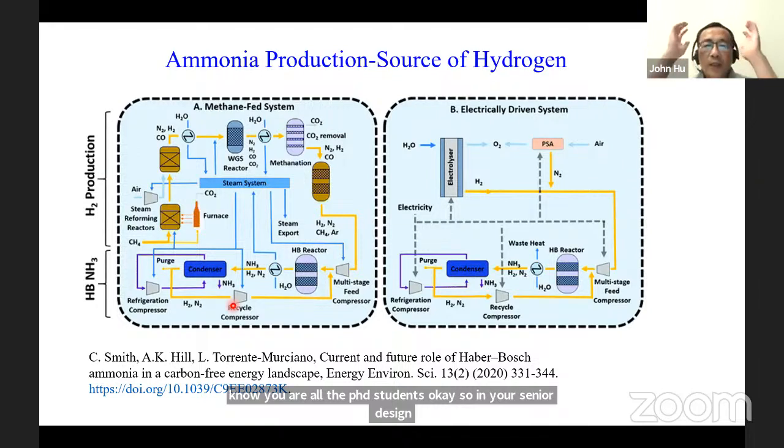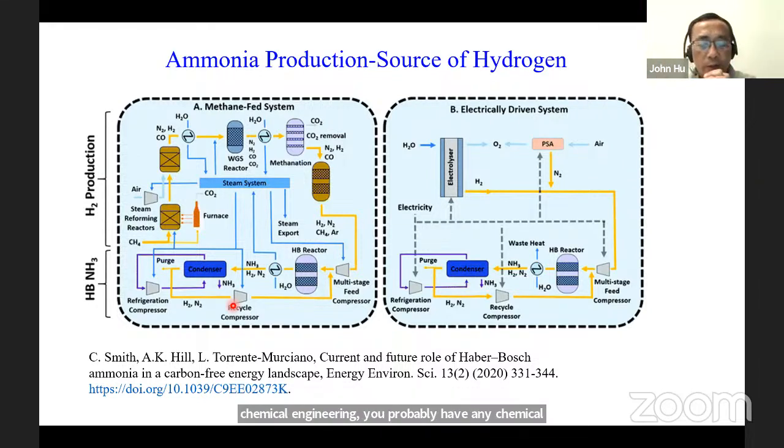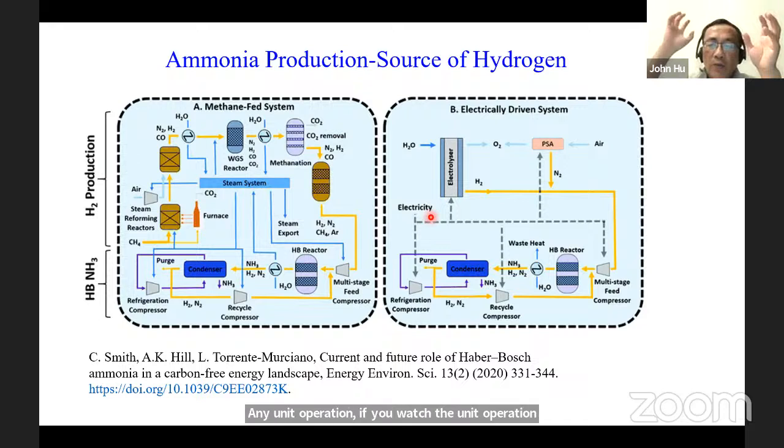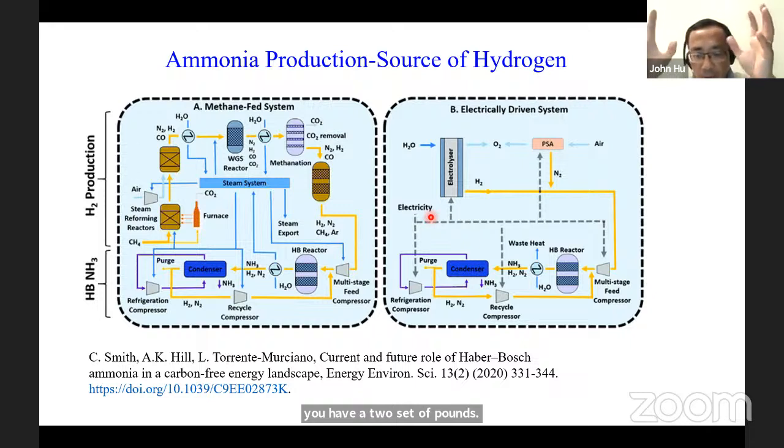If you work in any chemical plant, refinery, okay, in any unit operation, if you watch the unit operation, you have two sets of pumps. It's called pump A and pump B. Okay, so in any small unit, pump A is running, pump B is standby. Why do you need an extra pump in there?